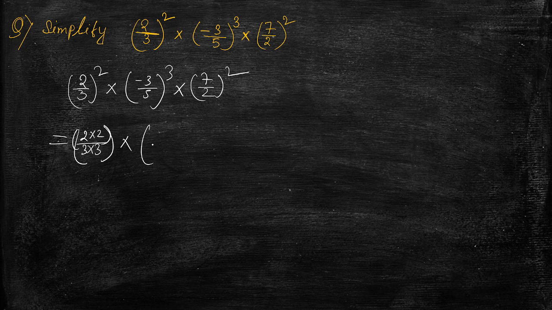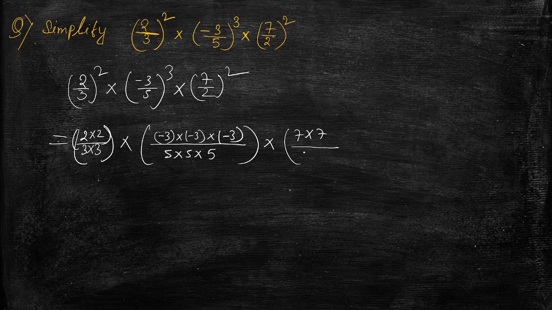Whenever you are writing something in minus, use a bracket. And this will be 5 into 5 into 5. Now this is 7 into 7 by 2 into 2.